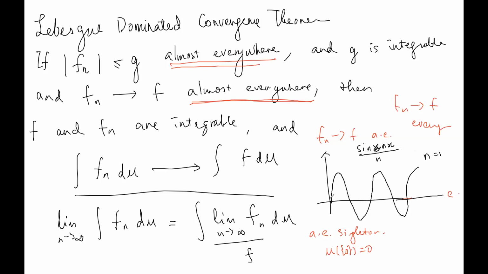If n equals 2, it will be smaller, and so on. N equals 3, it will be even smaller. So as n goes to infinity, basically it converges to 0, right?